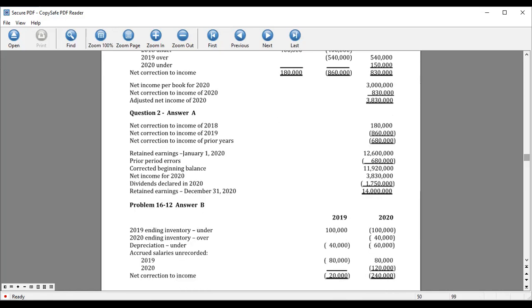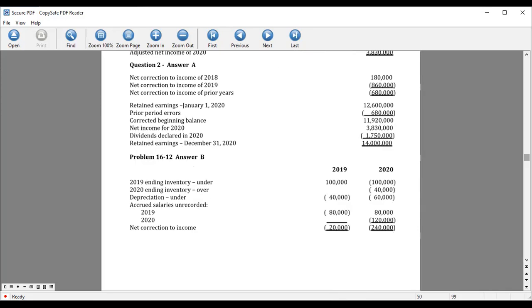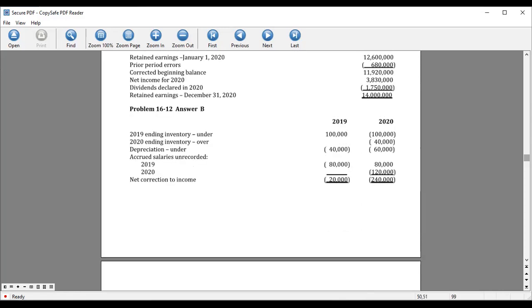Okay, next we have 16-12. Right, 16-12. You have now similar items: inventory, depreciation, accrued salaries.